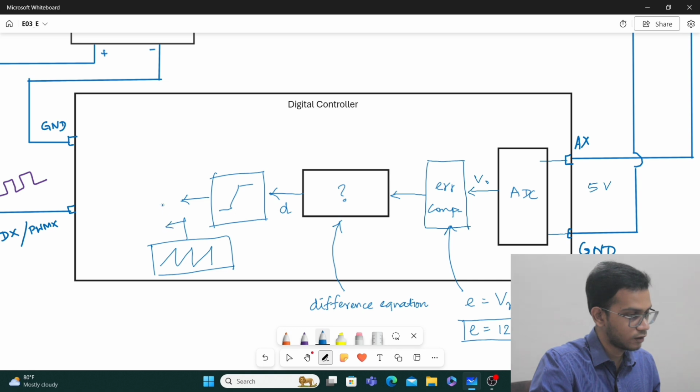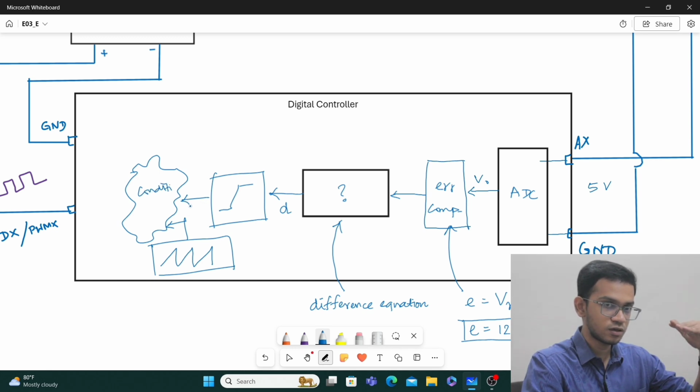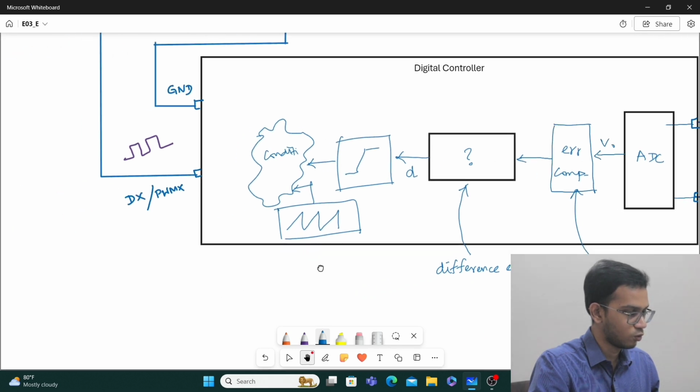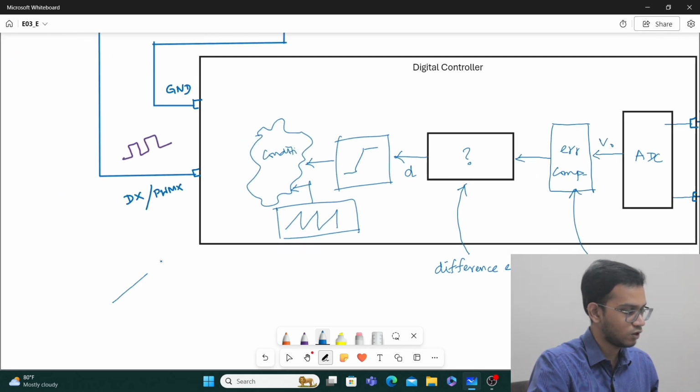and write a condition. This is again a program. Write a condition stating that if my duty ratio is dominant, you produce logic high. If my duty ratio is submissive, you produce logic low. So what is that? It's nothing new. We already saw this. This is my discrete sawtooth waveform. First of all, what do we mean by discrete sawtooth waveform?